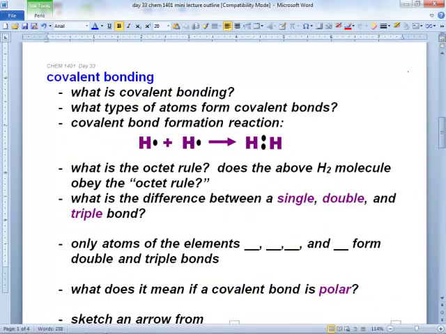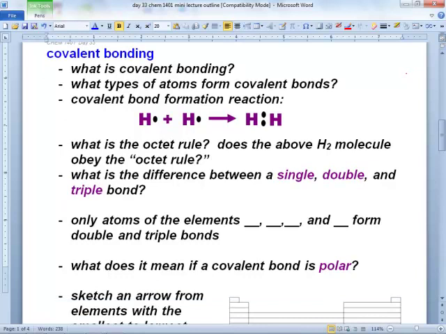What types of atoms form covalent bonds? If you're looking at the periodic table, what types of atoms, Priscilla? What forms molecules? It's everything but starts with an M. No metals.